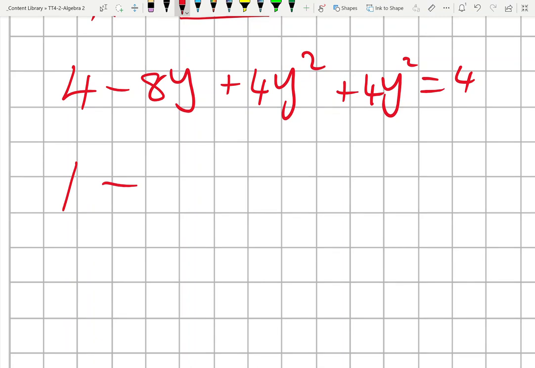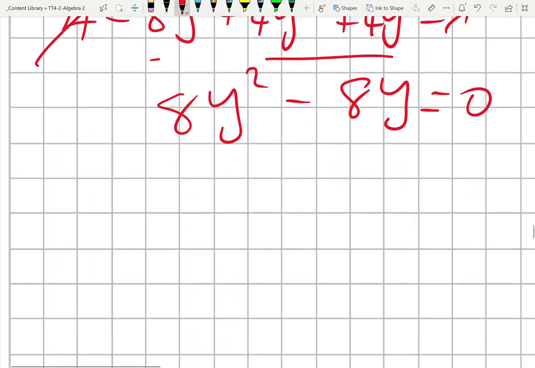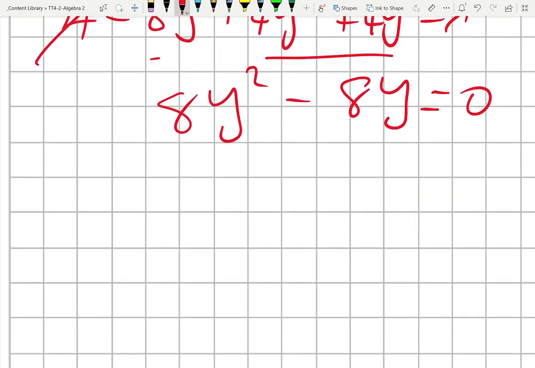No, let's not. Let's just tidy that up first. I think I'm okay there. Take out the 8y, or just delete the 8. Not delete it, cancel it. Same equivalence there.